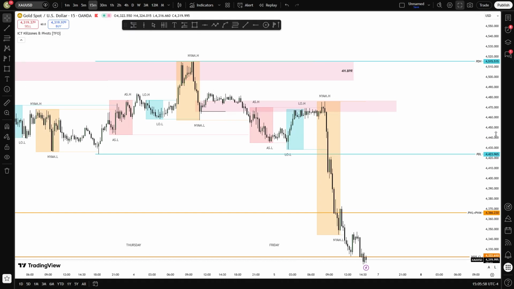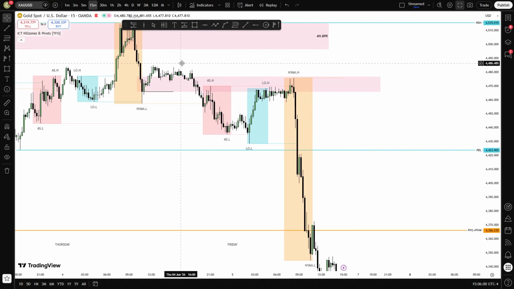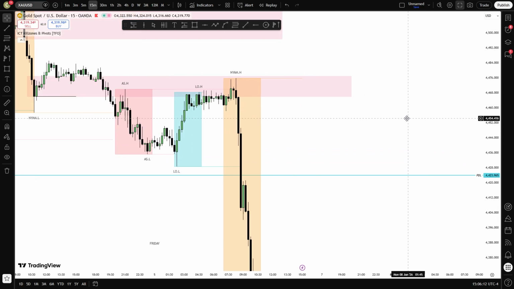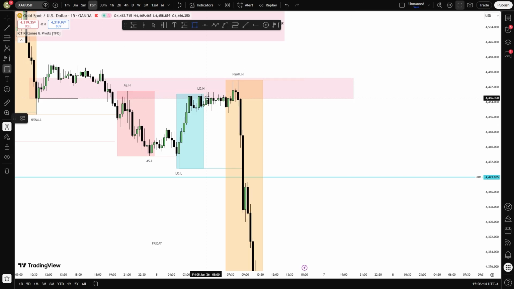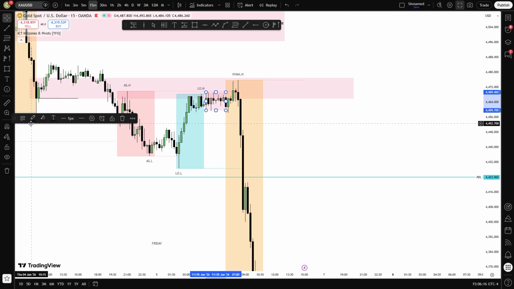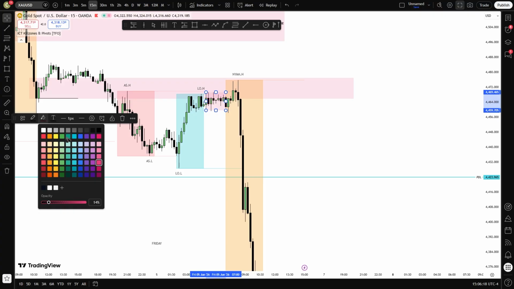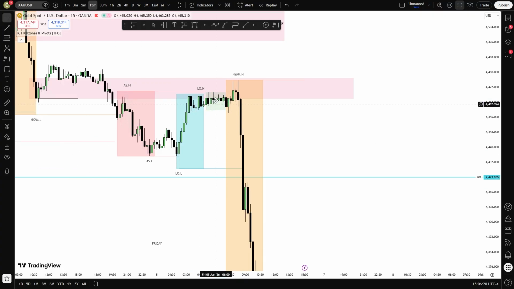We mark our kill zones. Asia made a swing low, then London took the liquidity of Asia low, then rallied up, started accumulating here. This was an accumulation, free market accumulation.